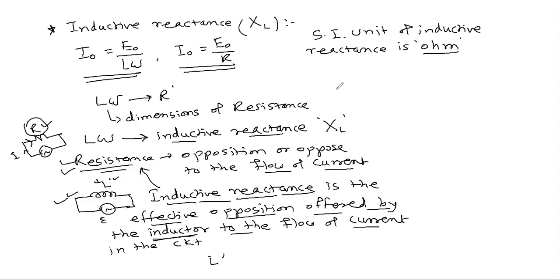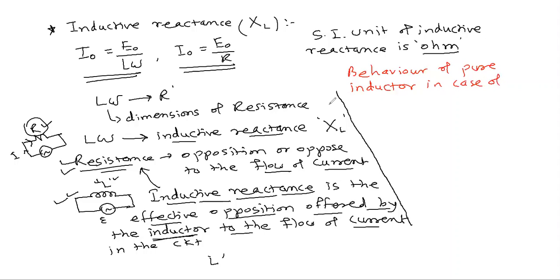Now we will derive a very important relation. What is that relation? The behavior of a pure inductor in case of DC, that is direct current, and alternating current.